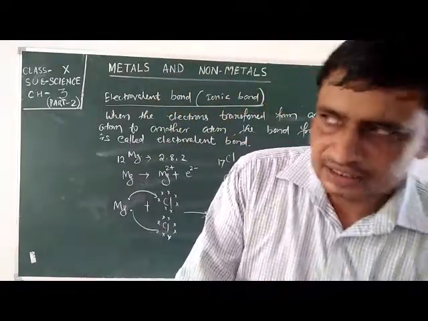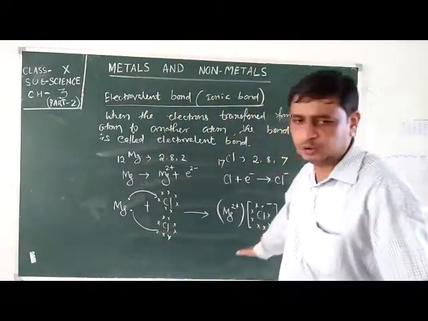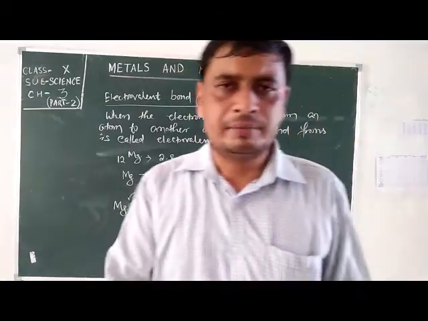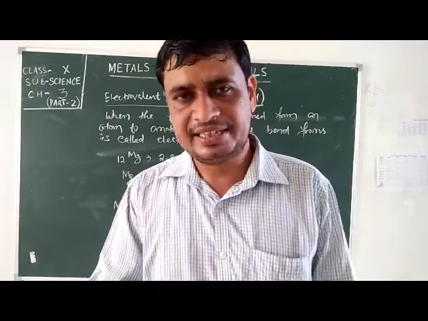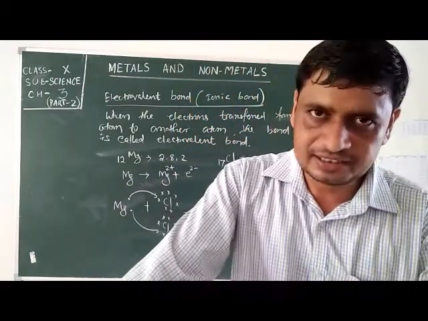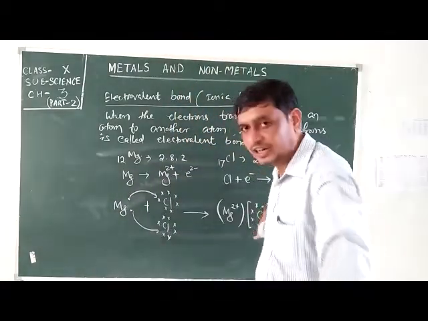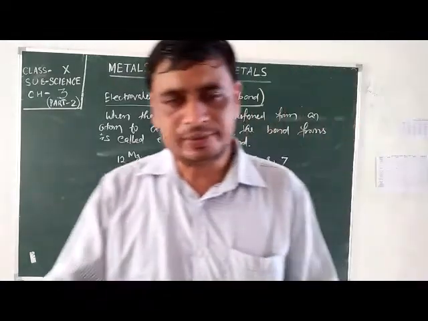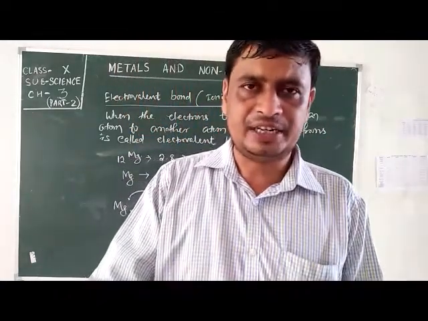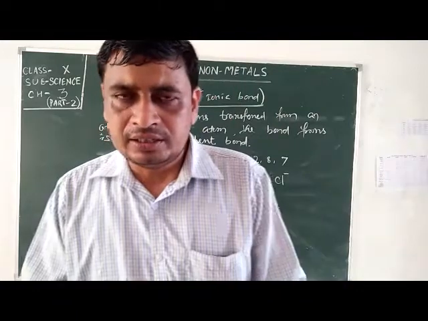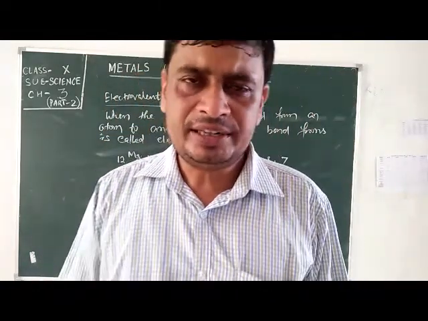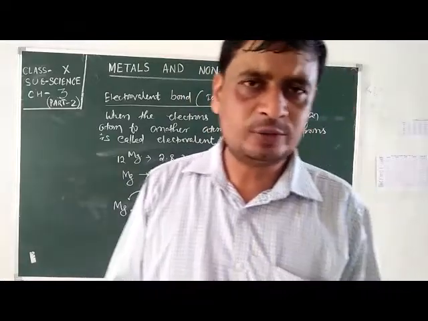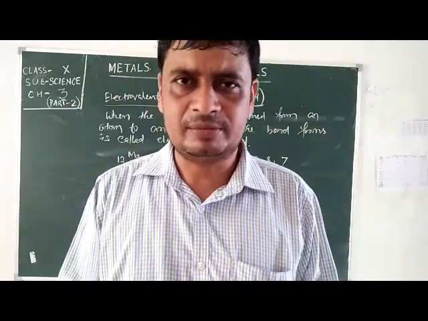The compound which is formed by covalent bond is called covalent compound, and the compound which is formed by electrovalent bond or ionic bond is called electrovalent compound or ionic compound.